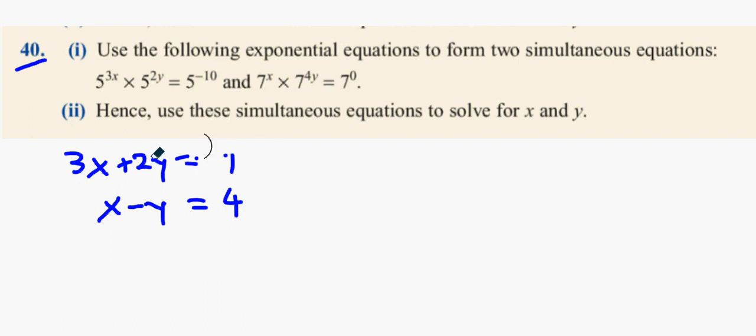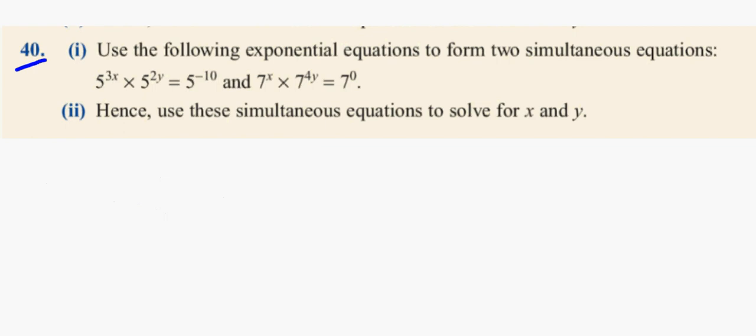Now, question for you. If I had 5 to the power of 2 multiplied by 5 to the power of 7, what would the answer be? 5 to the power of 9. Excellent. Now, could anybody therefore tell me, if I had 5 to the power of 3x multiplied by 5 to the power of 2y, what would the answer be?